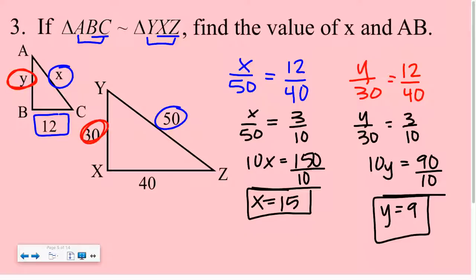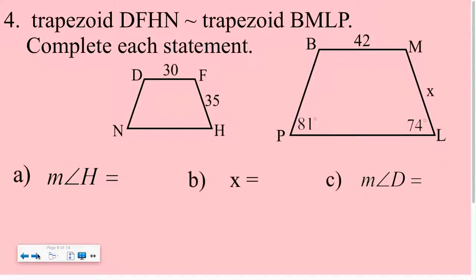Questions on 3? Okay, go ahead and try number 4. You have similar trapezoids. You have to find the measure of 2 angles and the value of x. I want the actual degree measure of the angle, not just which one it's supposed to be equal to.